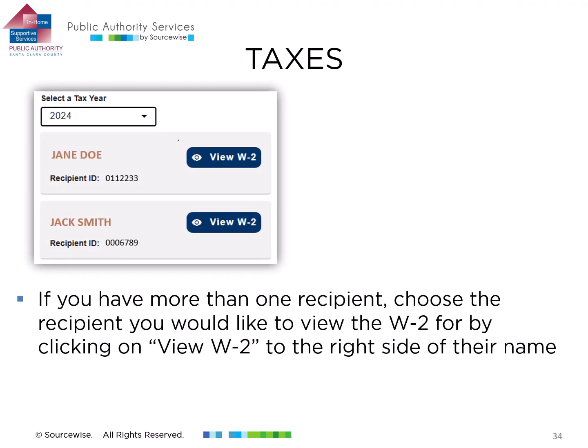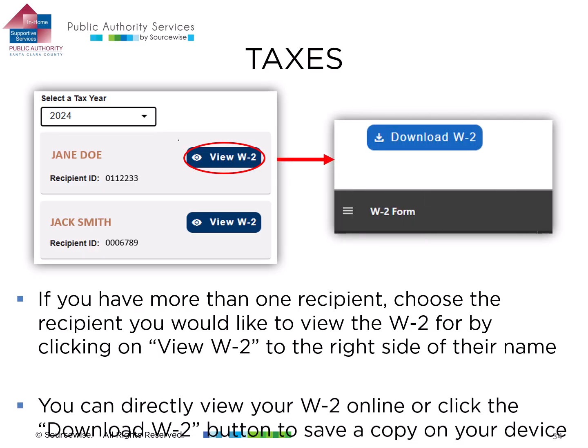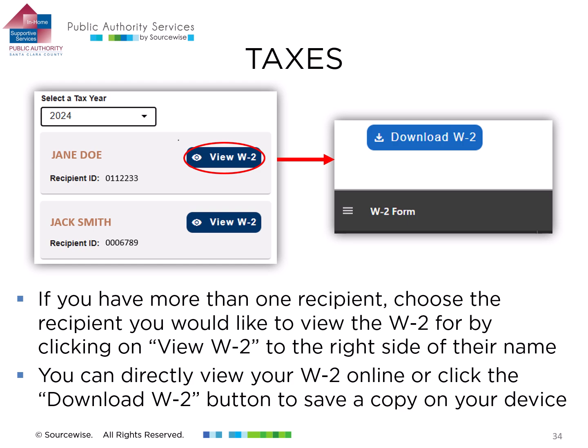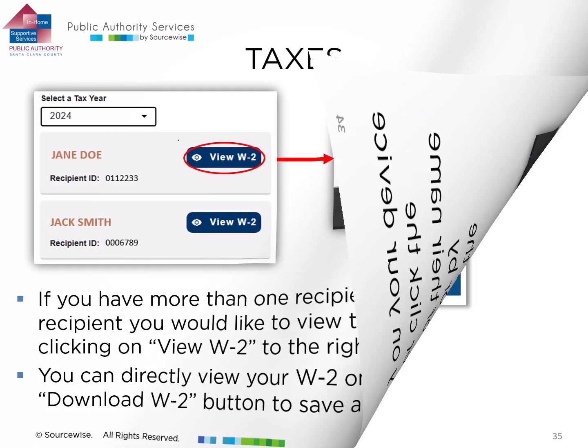If you have more than one recipient, you will have separate W-2s for each of them. Choose the W-2 you would like to review by clicking the View W-2 button next to the recipient's name. You can directly view the W-2 on the ESP, or you can click the Download W-2 button to save a copy on your computer, tablet, or smartphone.